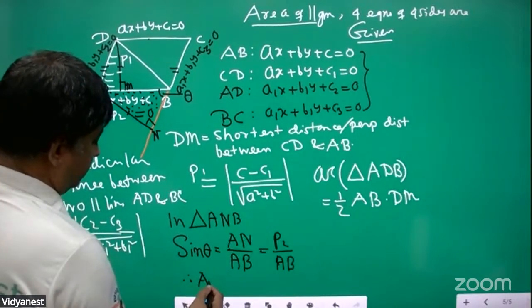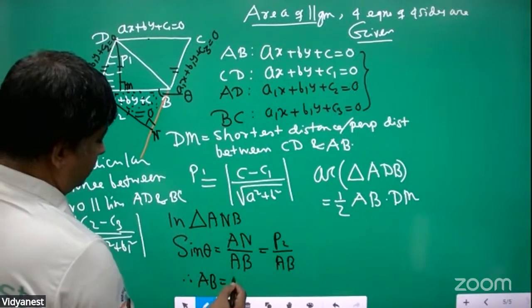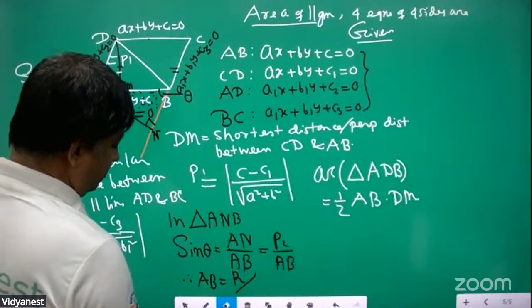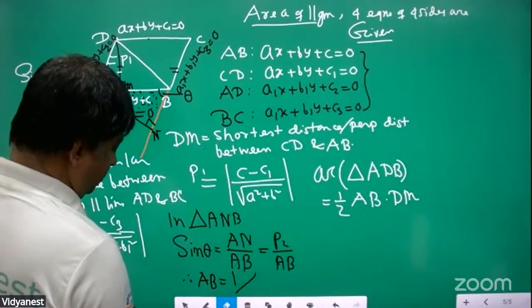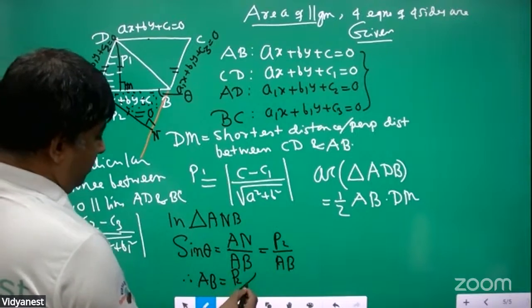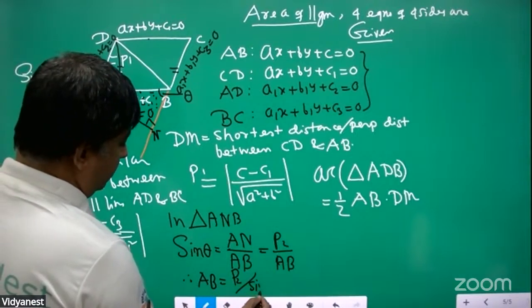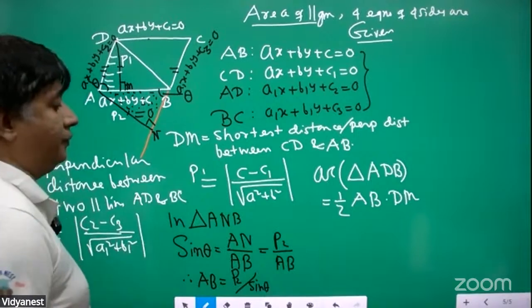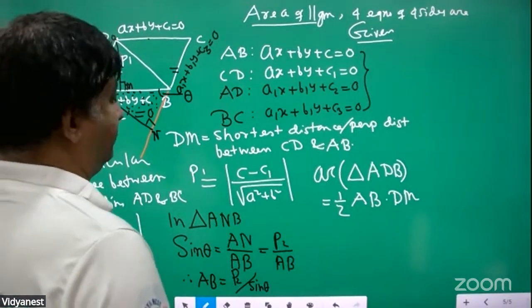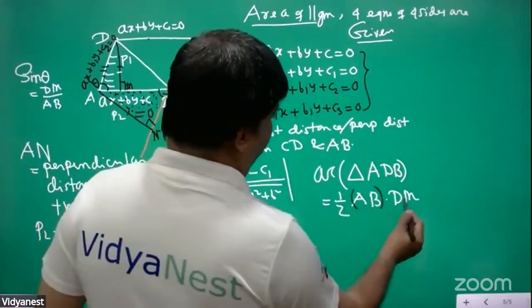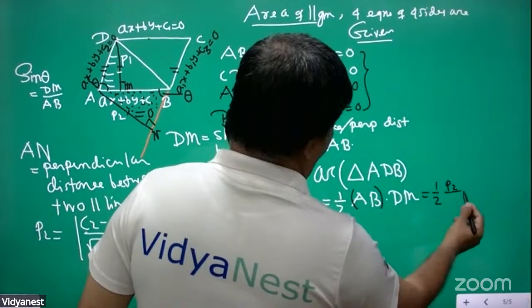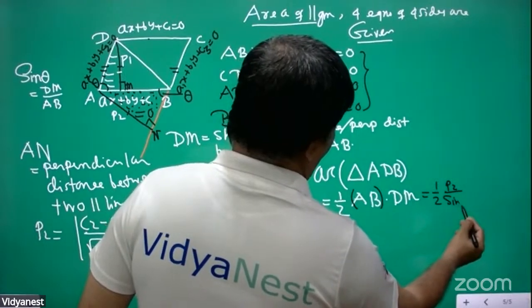Therefore, AB will be P2 by sin theta. So, in place of AB, I can put P2 by sin theta.